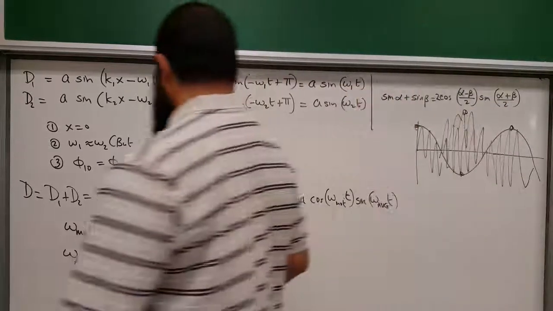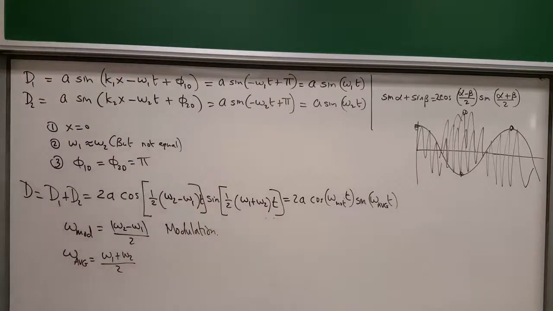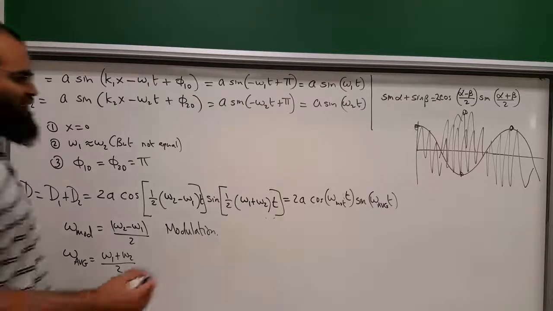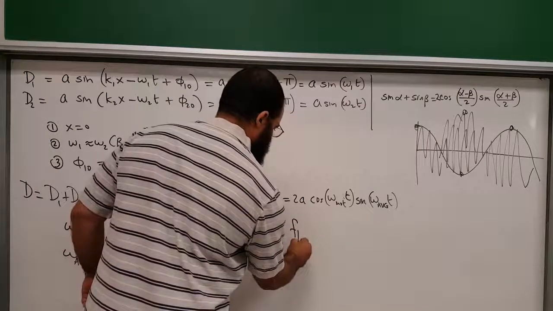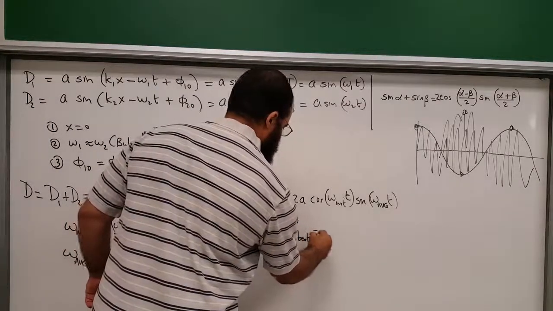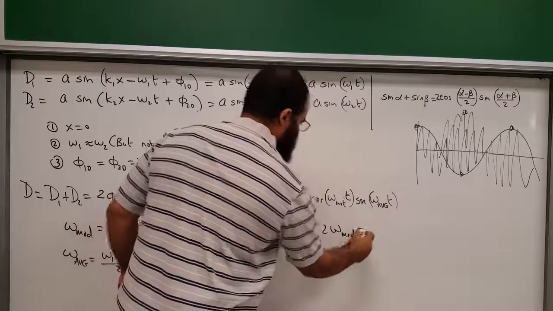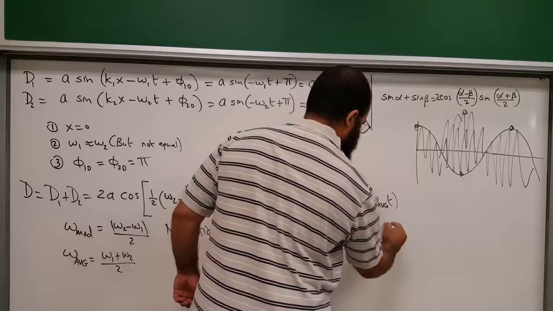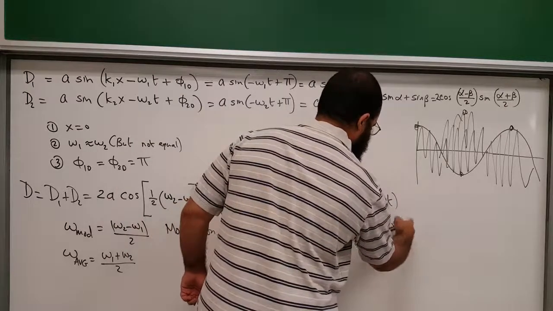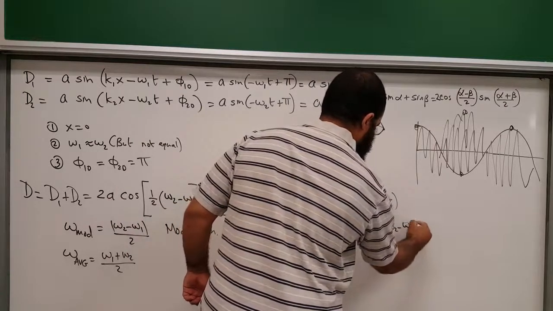So the frequency with which you hear the sound will be twice this, and that's called the beat frequency. So f beat will equal twice omega mod, and so it is equal to twice omega 2 minus omega 1.